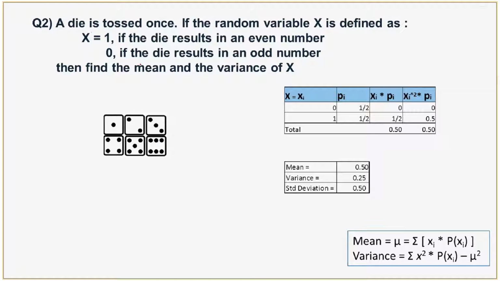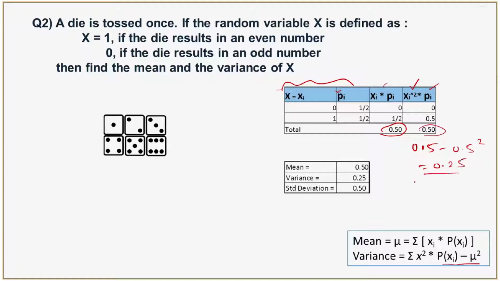Let's solve this question again. So this is a probability distribution table. We multiply xi and pi, we sum them up, we get the mean. Take the square of the random variable, multiply it with the probability, sum it up, subtract the square of the mean, that is 0.5 minus 0.5 square, to get 0.25.